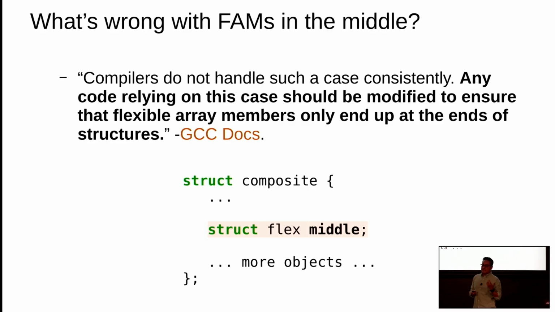It doesn't really make sense that we cannot use flexible array members in the middle of a flexible structure because that's a hard error and undefined behavior, and yet all of a sudden, when it comes to composite structures, we can place flexible arrays in the middle. That doesn't make sense really. And this is exactly the same problem we want to avoid when we don't place flexible array members in the middle of flexible structures.